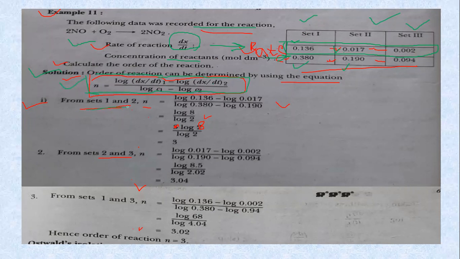So we'll consider first set 1 and 2. We have to just put the values. What is the value of dx upon dt1?